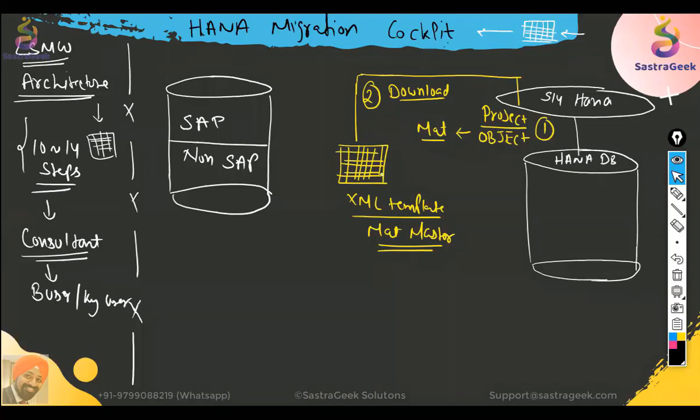Right now I'm explaining how HANA Migration Cockpit can be used through the Excel file uploads method.